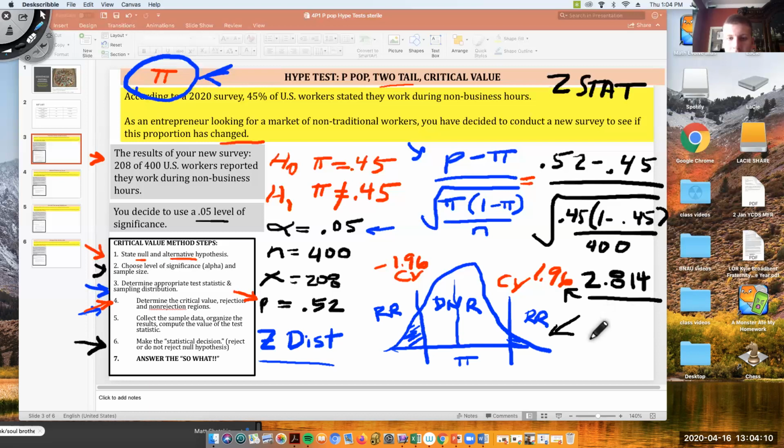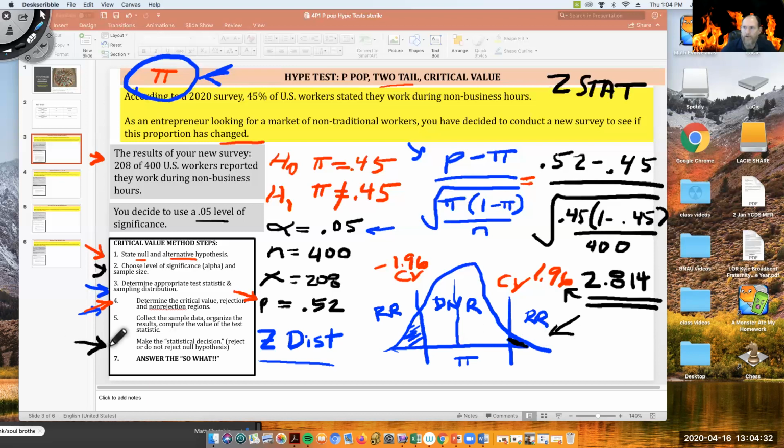Yes. Okay. Exactly. And another way of putting that is it falls into the rejection region, which is simply another way of saying what Joel just did. Okay? So based on it being out here in this blue area, we reject the null hypothesis.